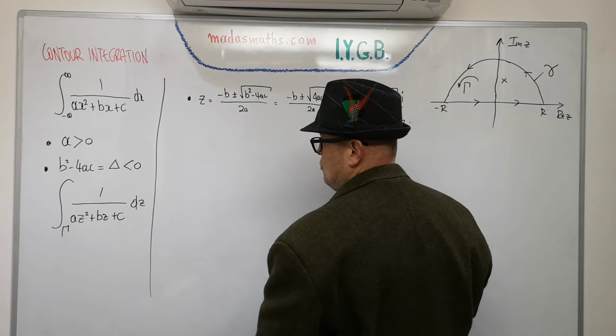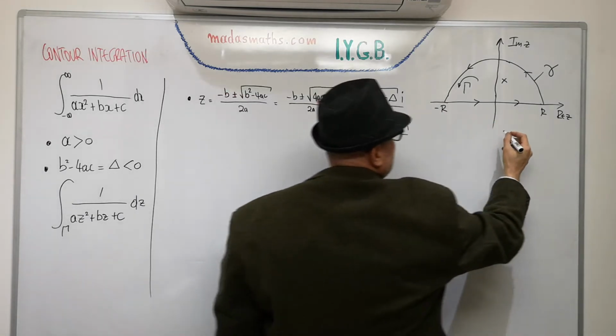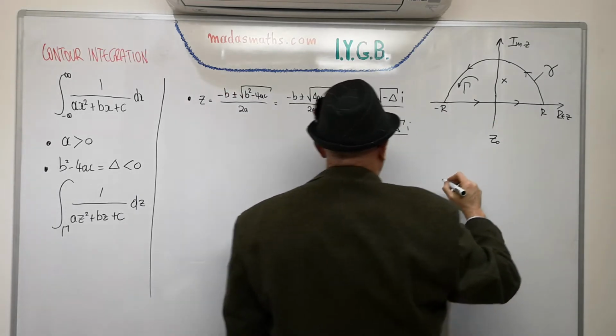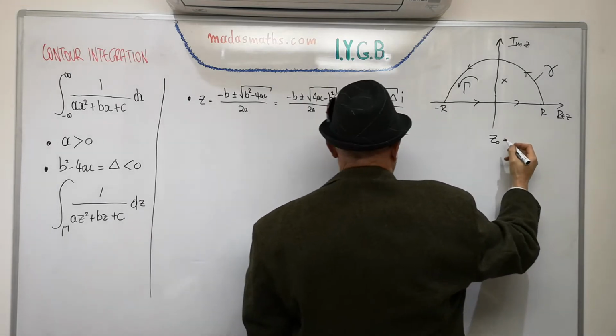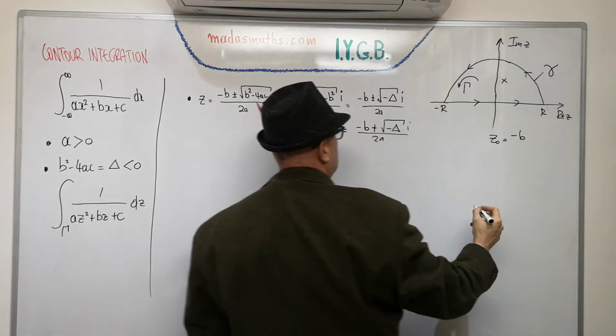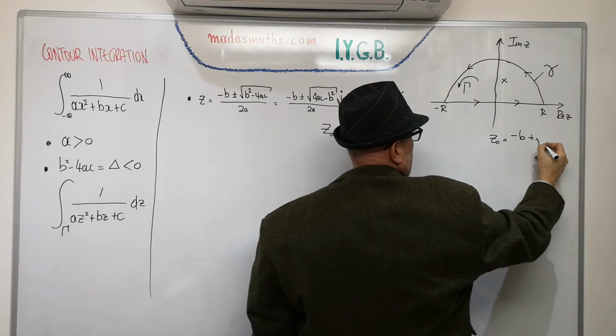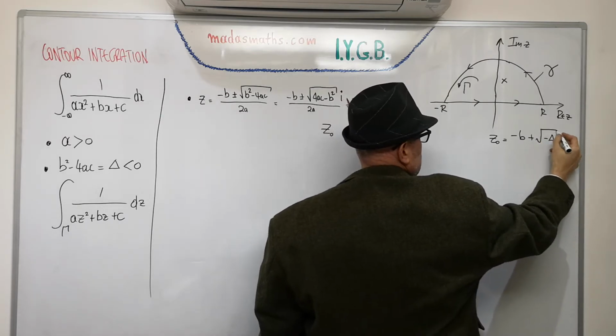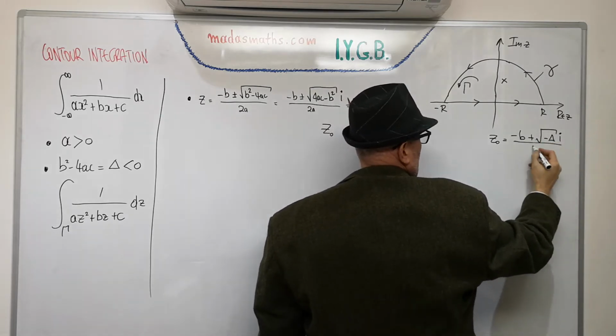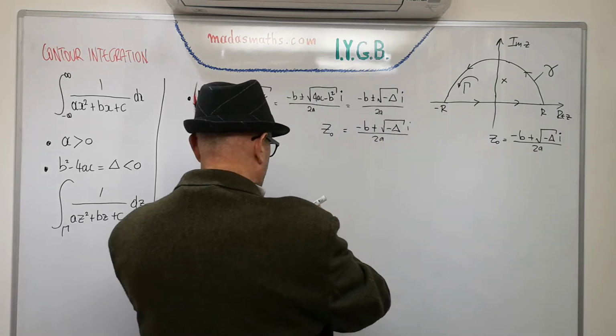And perhaps I need to write that somewhere. Let me write it here, because I might need it later on, for reference. So minus b plus the square root of the negative of the discriminant, lots of i, the whole thing over 2a.